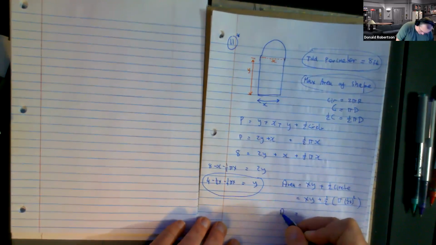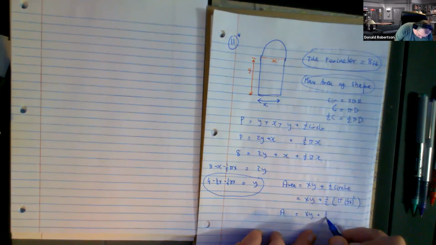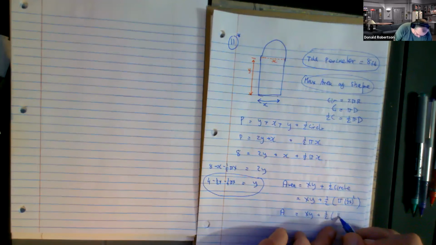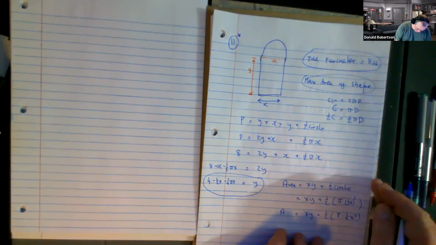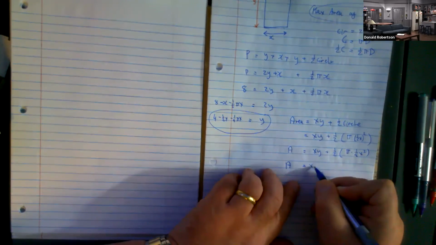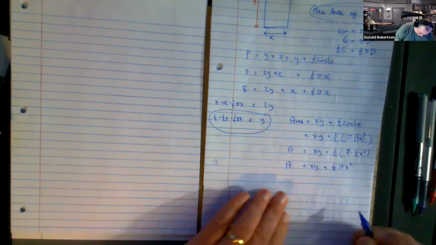So A for area is xy plus 1/2 of pi, that guy squared. So pi times 1/4 x squared. So the area is going to be xy plus 1/8 of pi x squared.